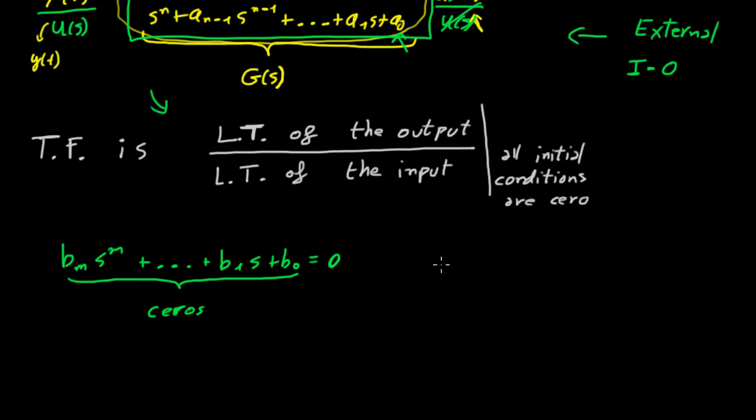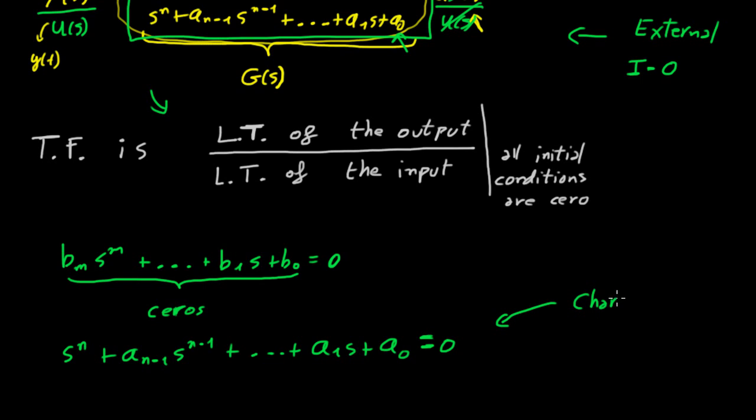And the values of s in which the denominator is 0, a_n s^n plus a_(n-1) s^(n-1) plus all the way to a_1 s plus a_0, if we equal this to 0, by the way, this is called the characteristic equation.